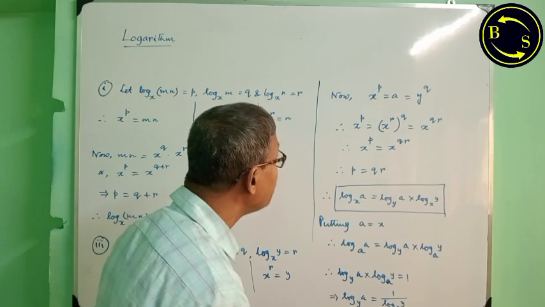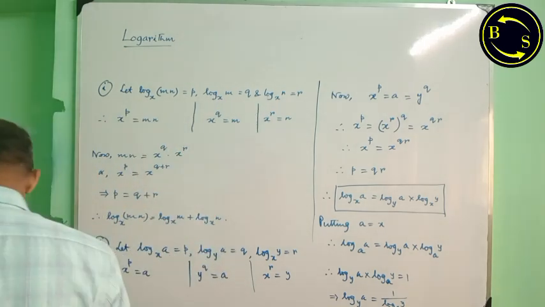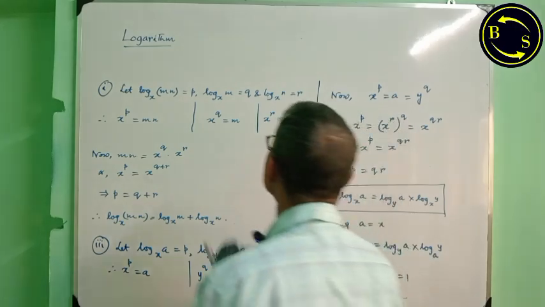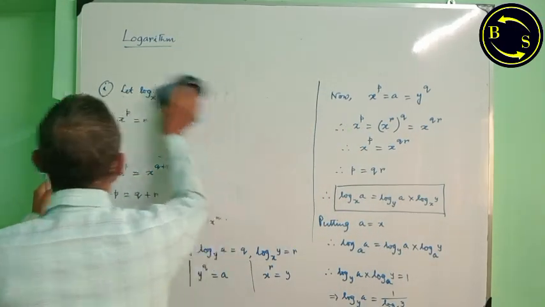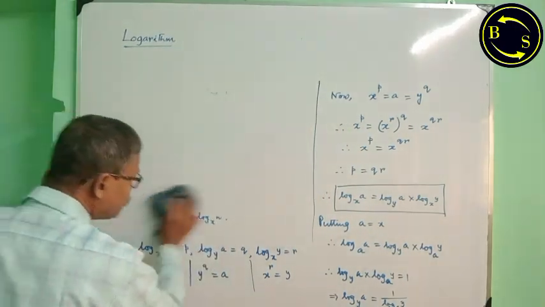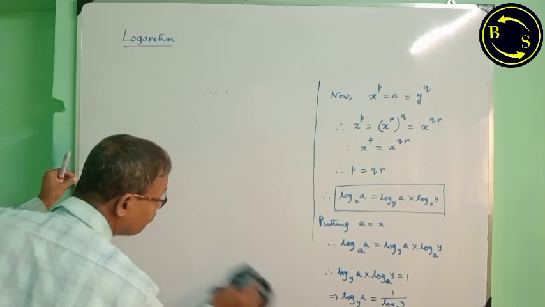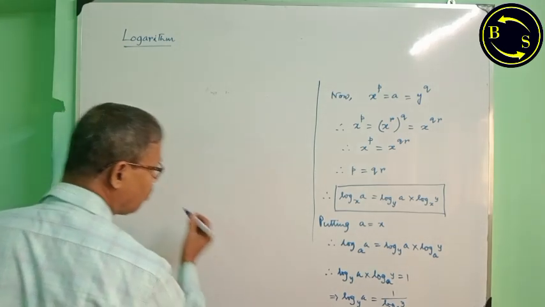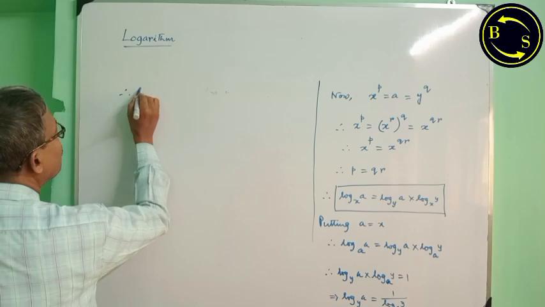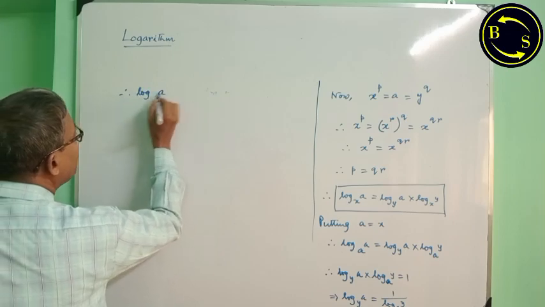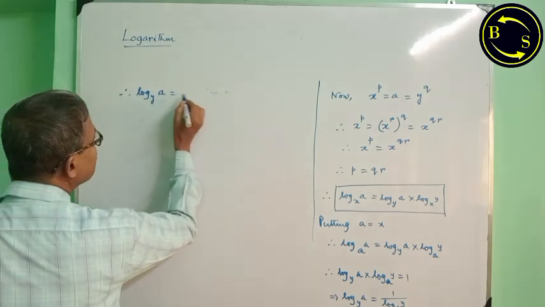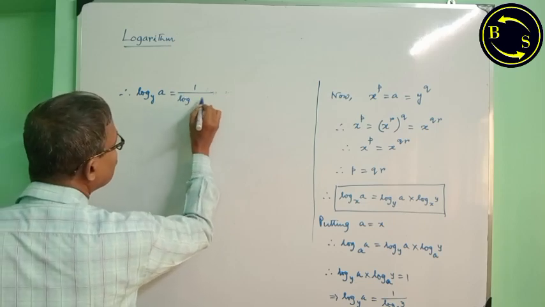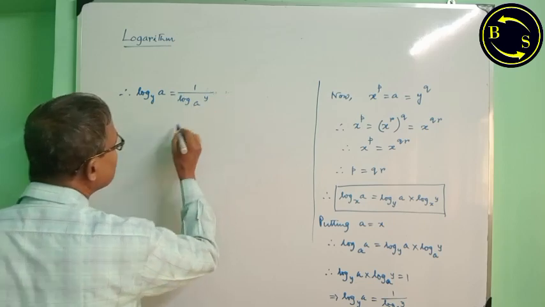Now again we can deduce from this one what we have got, log of a to the base y is equal to 1 by log of y to the base a.